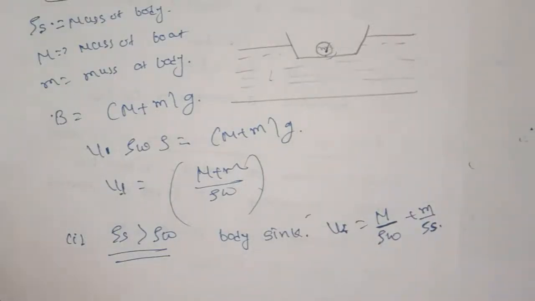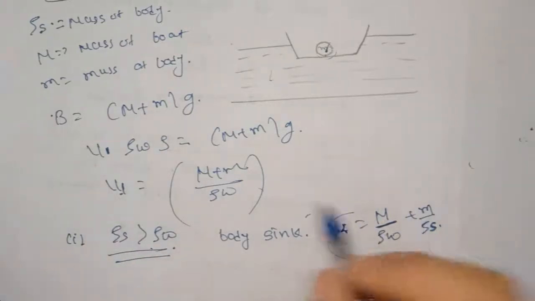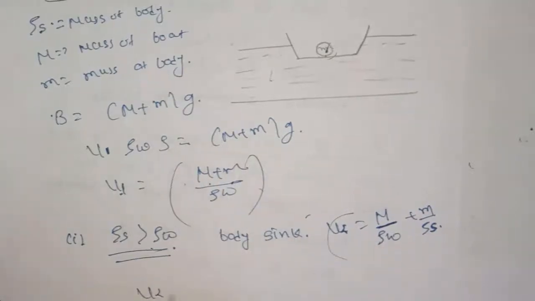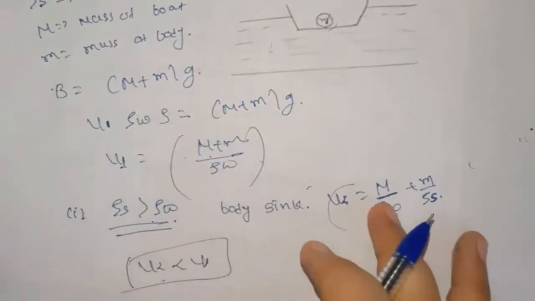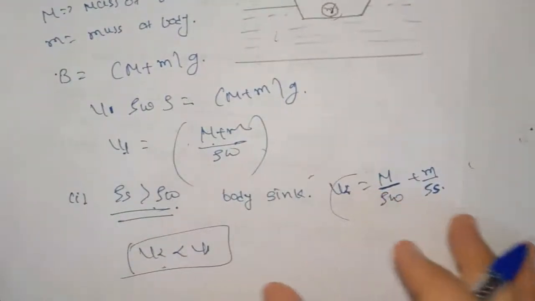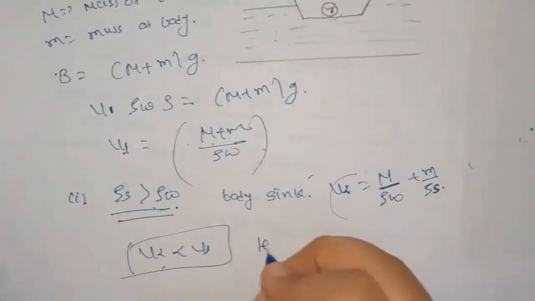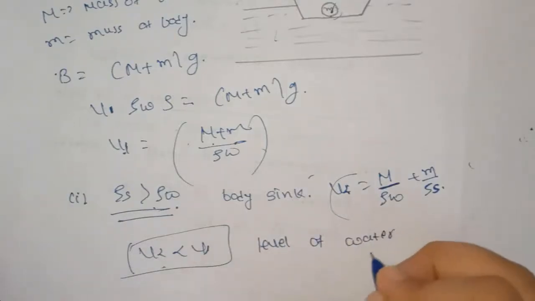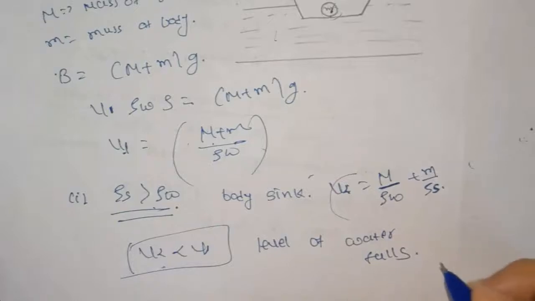Here density of solid is greater than density of water, so V2 will be less than V1 compared to this. As V2 is less than V1, the level of water falls.